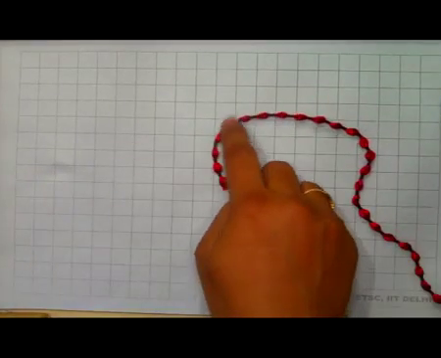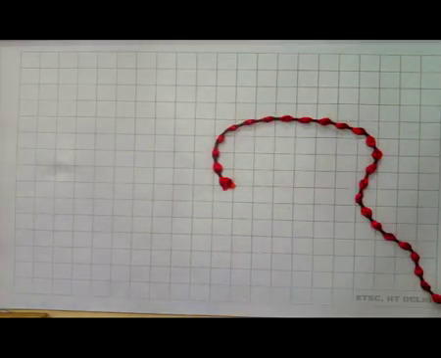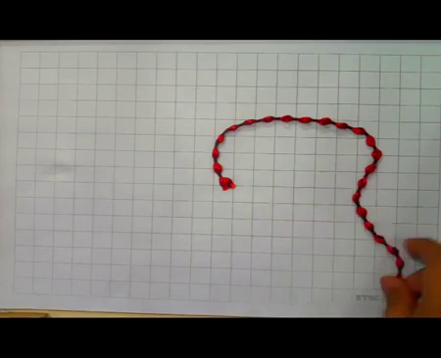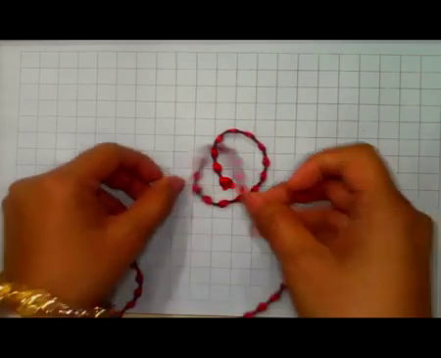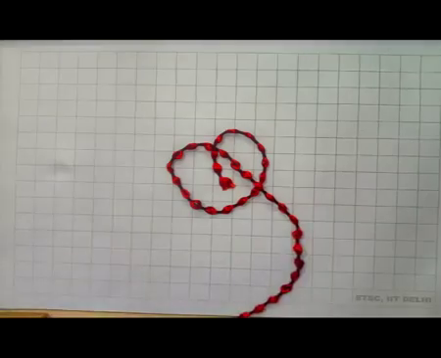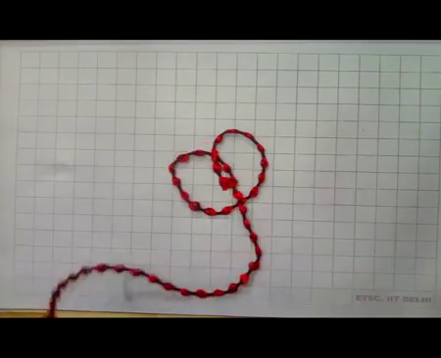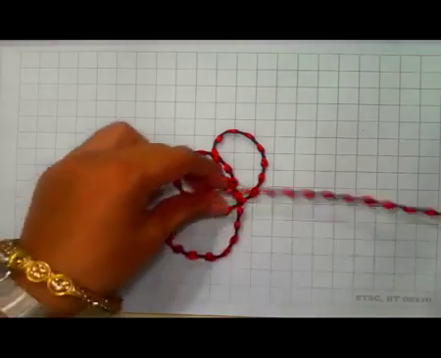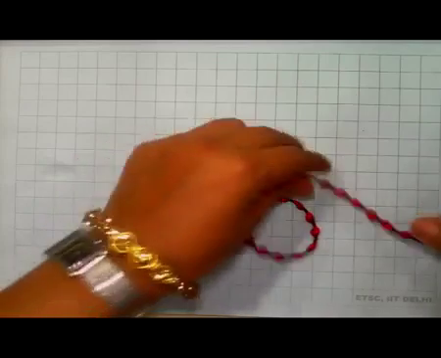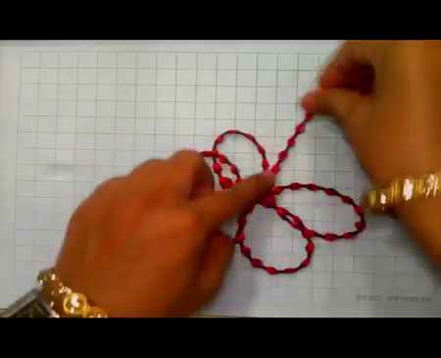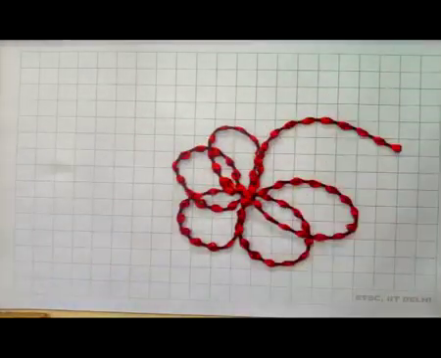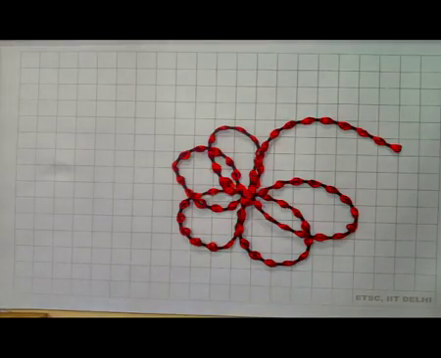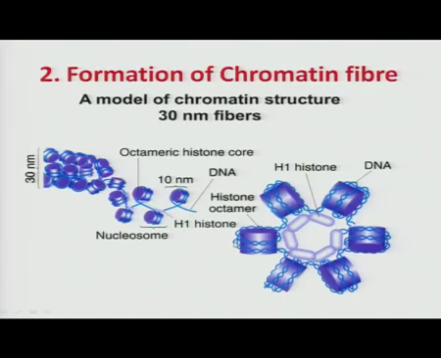These beads like structures we can consider as nucleosomes, and because of the H1 protein they get further coiled to form 30 nanometer chromatin fiber. So, you can see the length of the DNA is still very much larger. So, it gets coiled like this to form 30 nanometer chromatin fiber, that is the second level of DNA packaging.